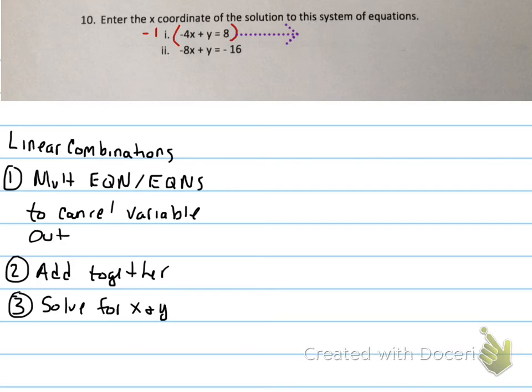Negative 4x becomes, all the signs are just going to change, 4x minus y equals -8. And then let's rewrite this equation below: -8x plus y equals -16. Now I'm going to add these equations together.